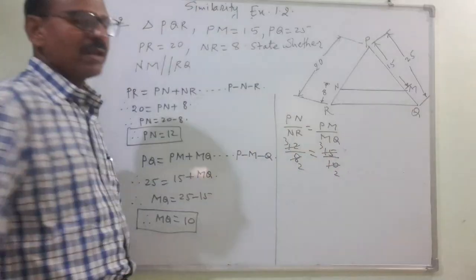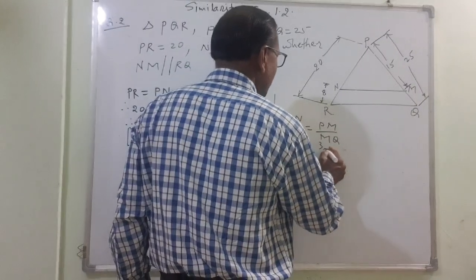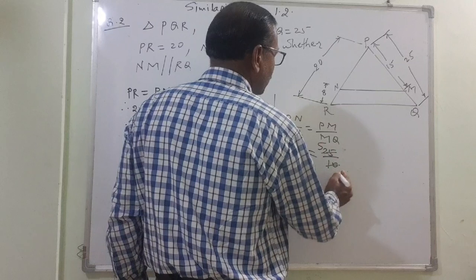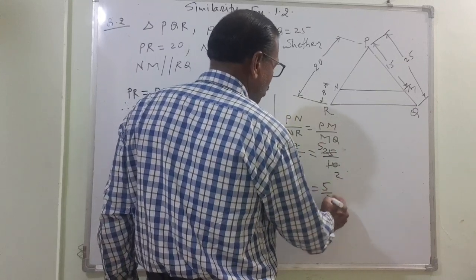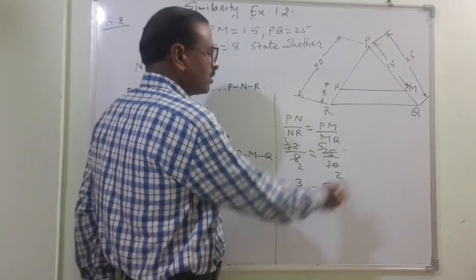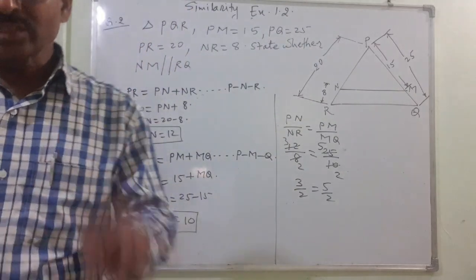Luckily it has come out equal. Suppose this were something else, say 25 upon 10, 5 fives are 25 and 5 twos are 10. So 3 upon 2 is equal to 5 upon 2. This way it comes, and afterwards they say it is not equal. So this is a big mistake. Don't make this mistake at all.